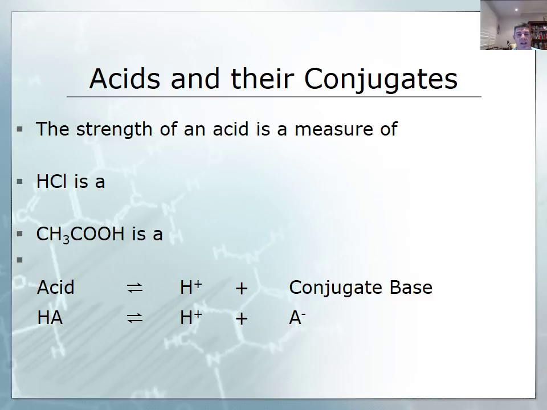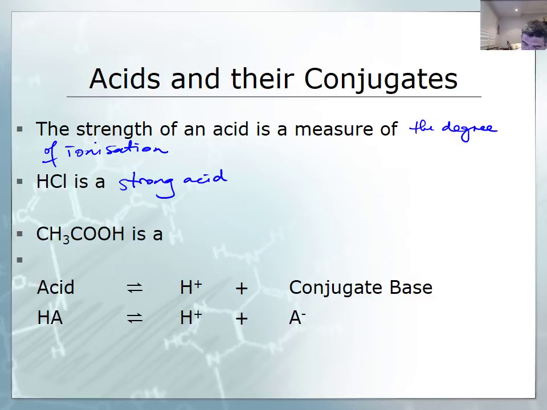The strength of an acid, we've said before, is a measure of the degree of ionization. As a consequence of that, HCl is a strong acid. What this means is that the chloride ion, the conjugate of the HCl acid, is a weak base.